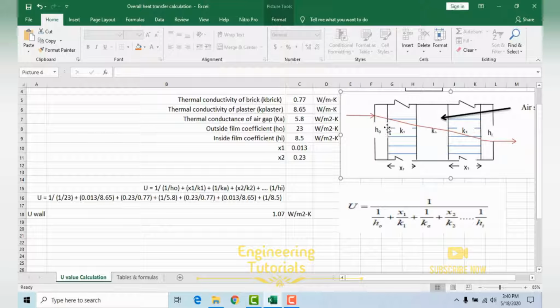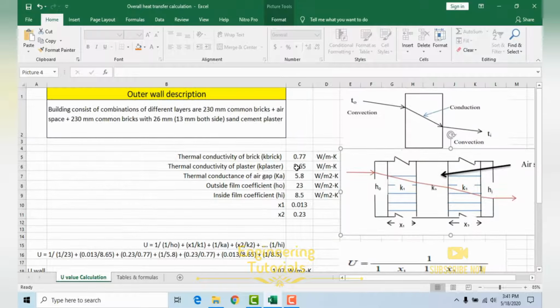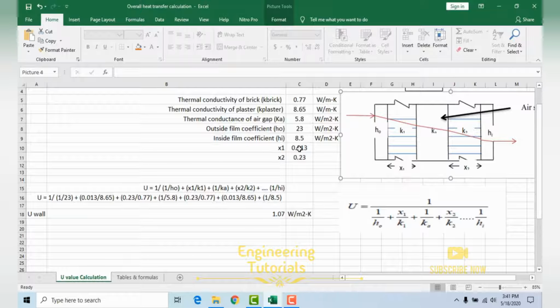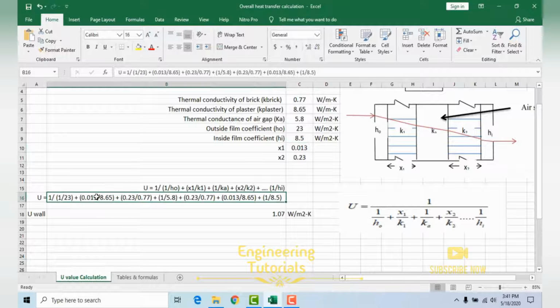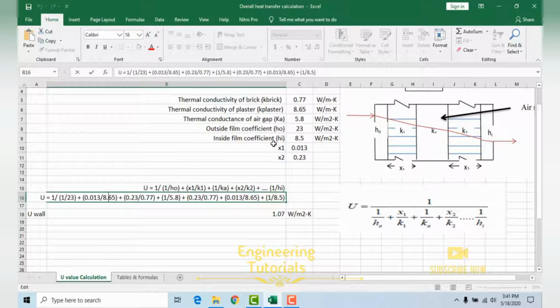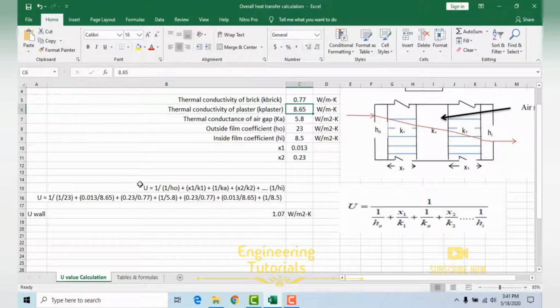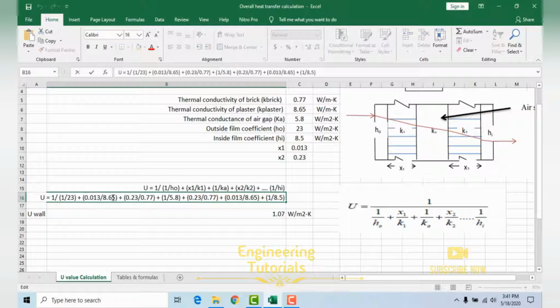So sand cement plaster on this side, and its thickness is 0.013, so 0.013 divided by its thermal conductance value. Plaster conductance value is 8.65, so 13 converted into meter, 0.013 divided by 8.65.